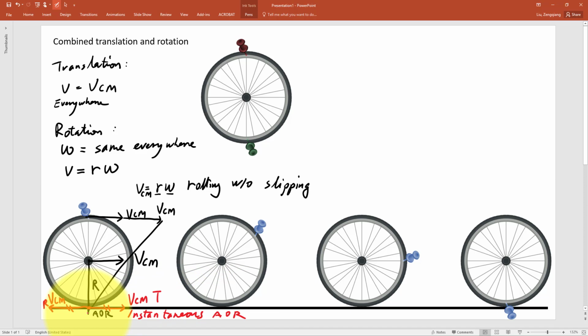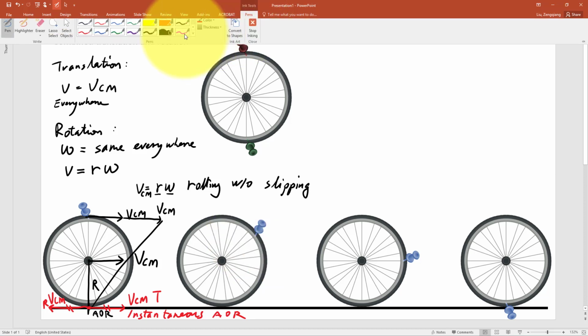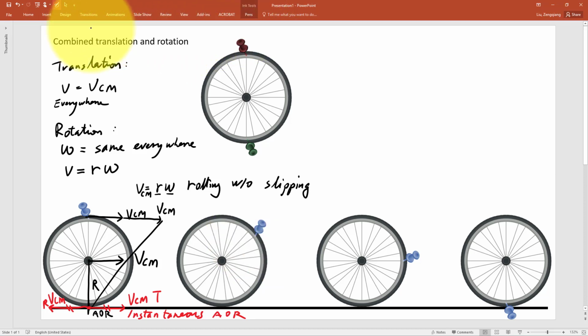Okay, so let's keep going with this other pin right here. So let's go back to black marker. So this pin participates in an overall translation forward, and also participates in the rotation that would rotate it downward. So it would be this way.